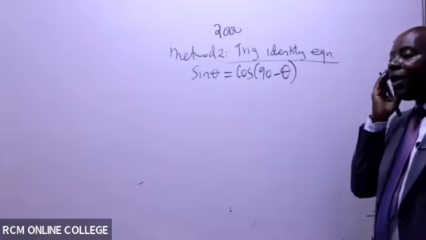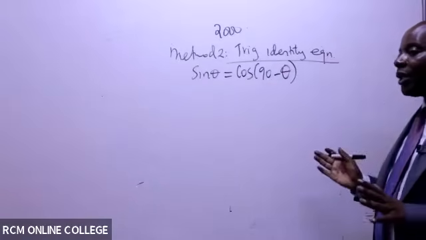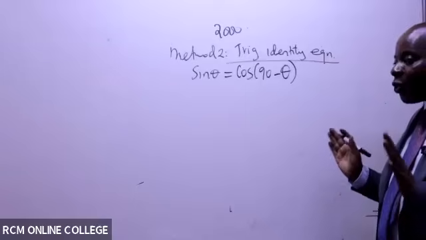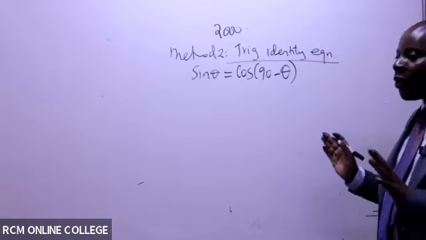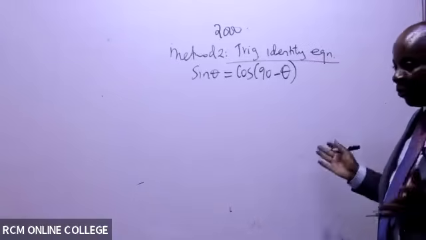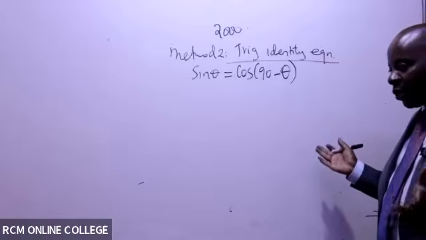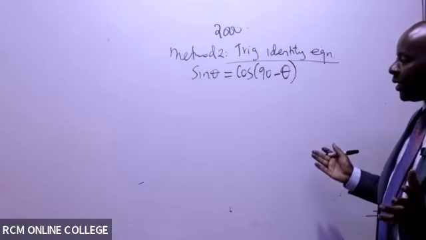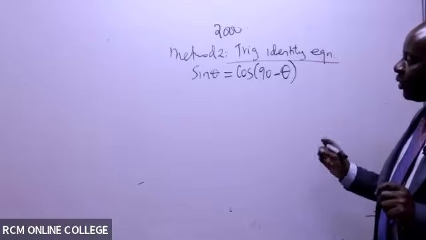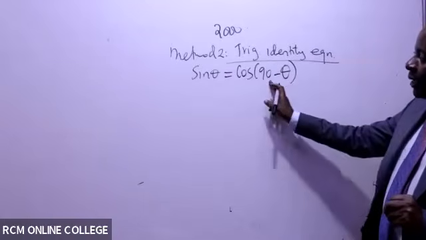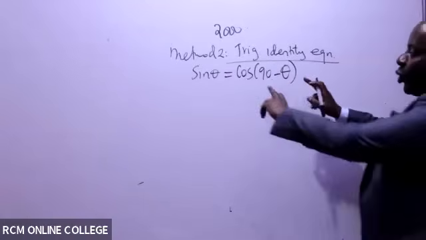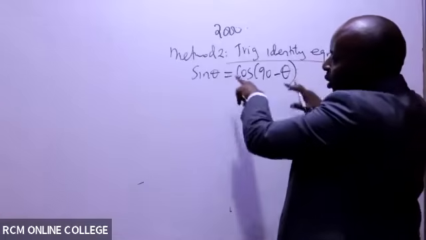This is a very, very important equation if you would wish to use this approach. There are questions that you can only do using this approach, and I'll prove to you. We must know the two methods if you want an A-plane. That sine theta equals cosine 90 minus theta, because the two angles must always be complementary.